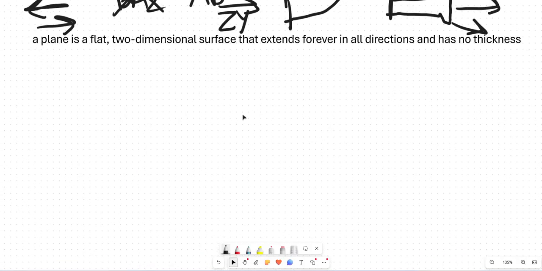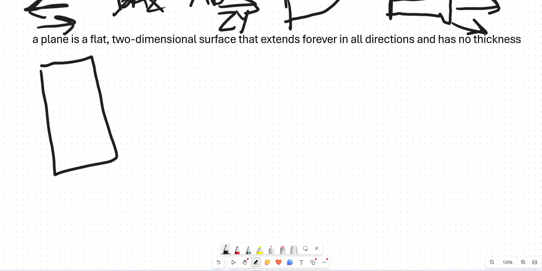So planes. Whenever you think of a plane, you know your notebooks, it has a shape, right? But a plane extends infinitely in all directions, and it has no thickness.